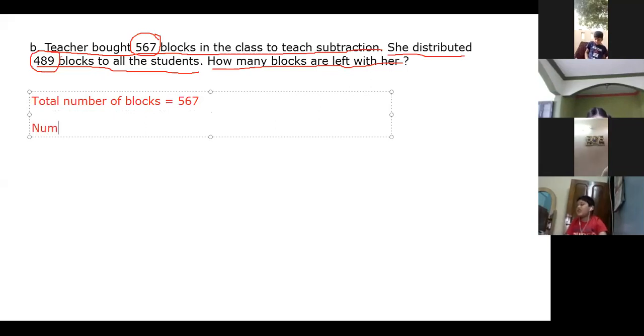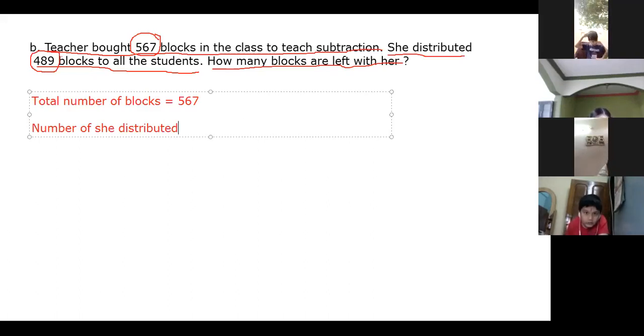Then you will leave one line and then you will write number of blocks she distributed. Start writing, children. And please write the correct spelling of distributed.